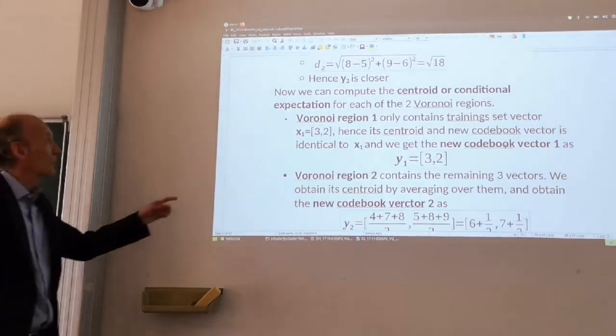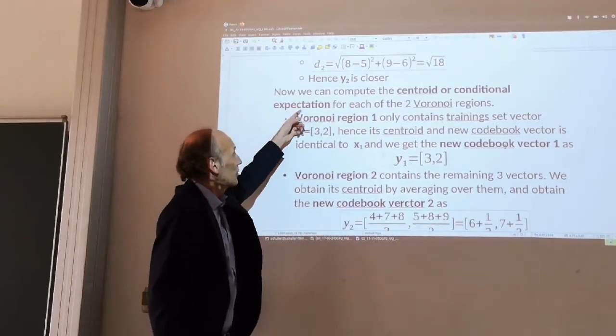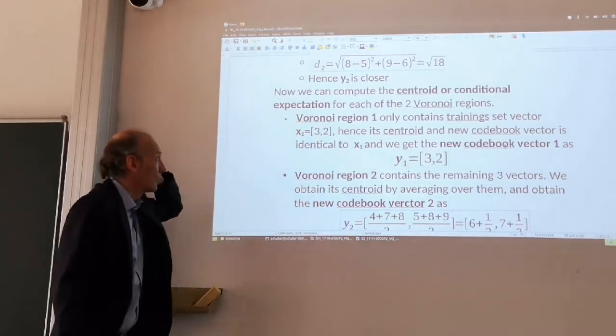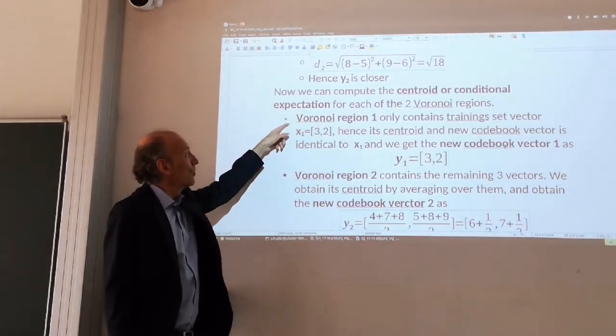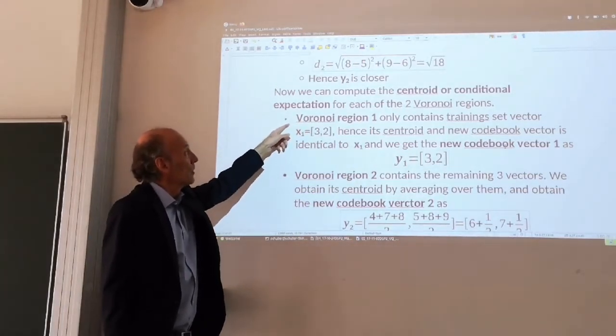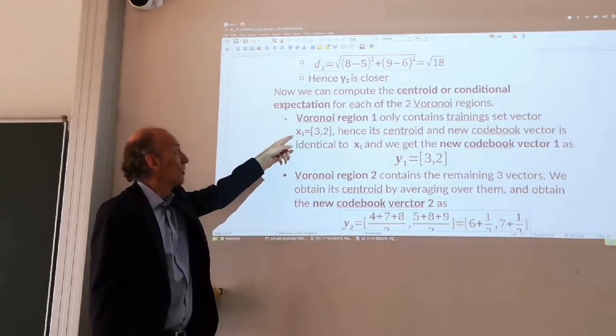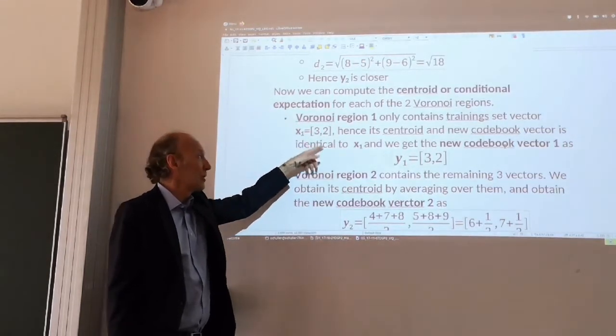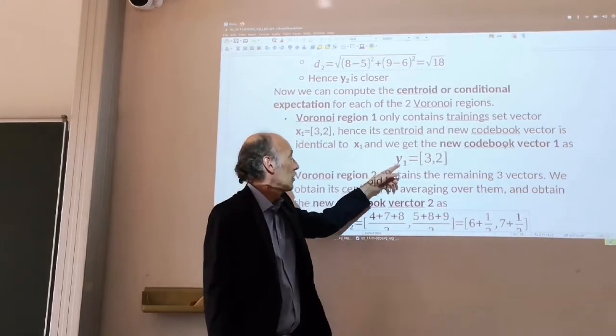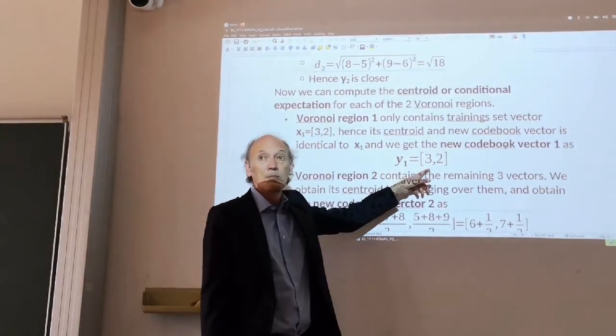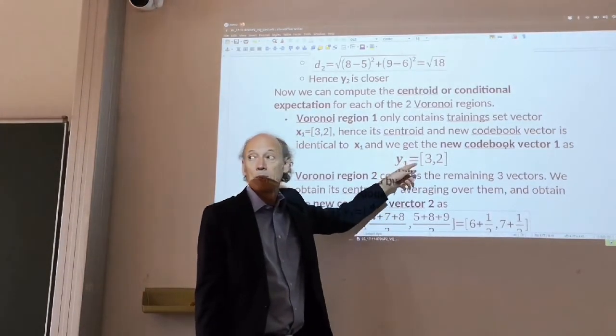So now we can compute the centroid or conditional expectation for each of the two Voronoi regions. So Voronoi region 1 only contains training set vector x1. Hence the centroid is x1, and that means y1 becomes x1. This is what we just saw.